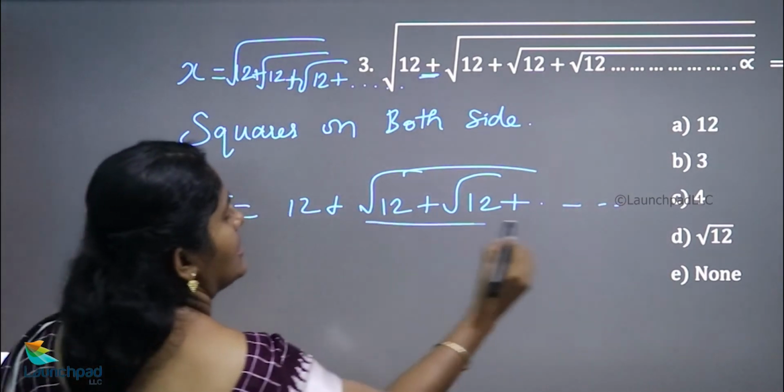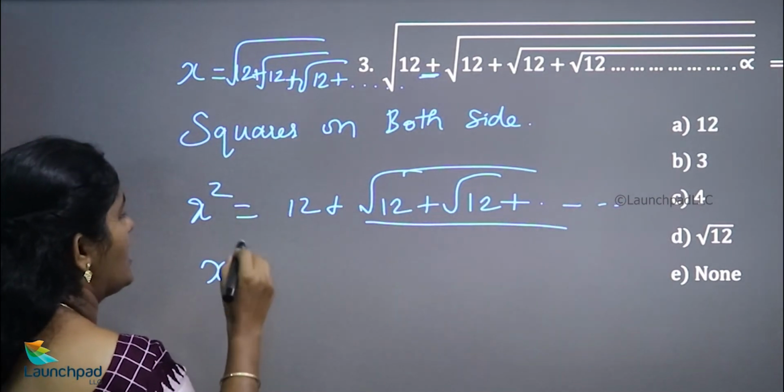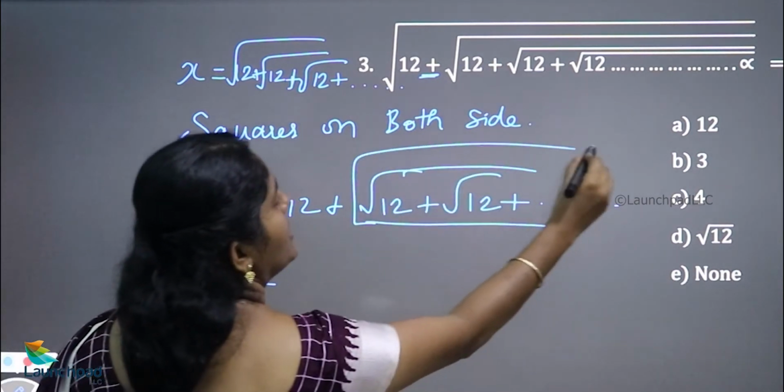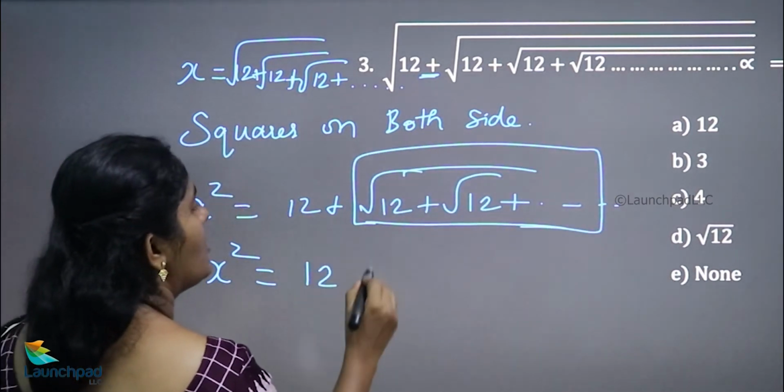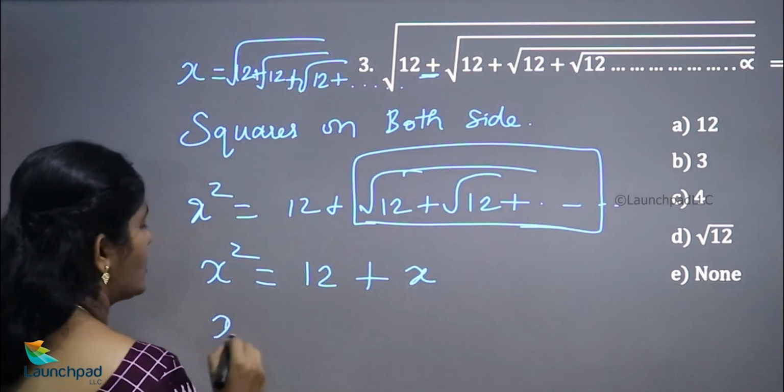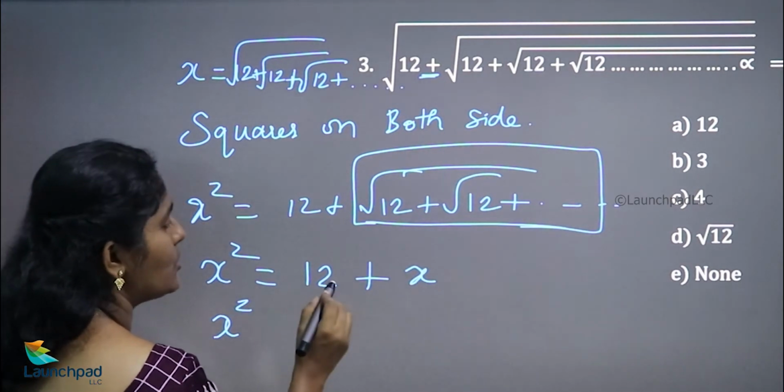Wherever I see this term, the whole term is replaced by x: 12 plus x. So x square is equal to 12 plus x.